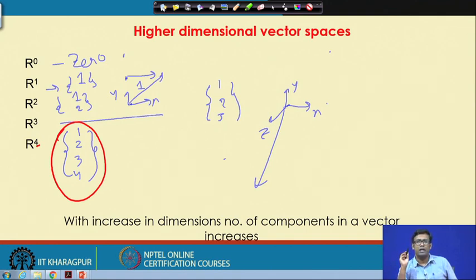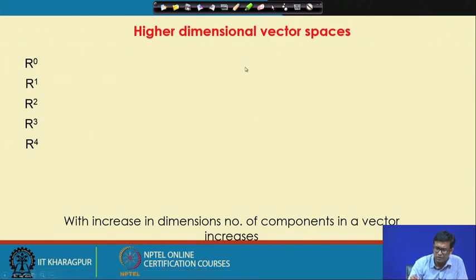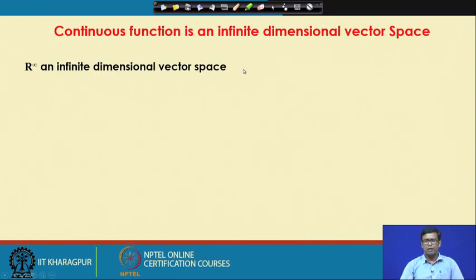That means along different axes the vector will have different values, and these axes are infinite. How can it be? Now, we think of an infinite dimensional vector space which is a continuous function.